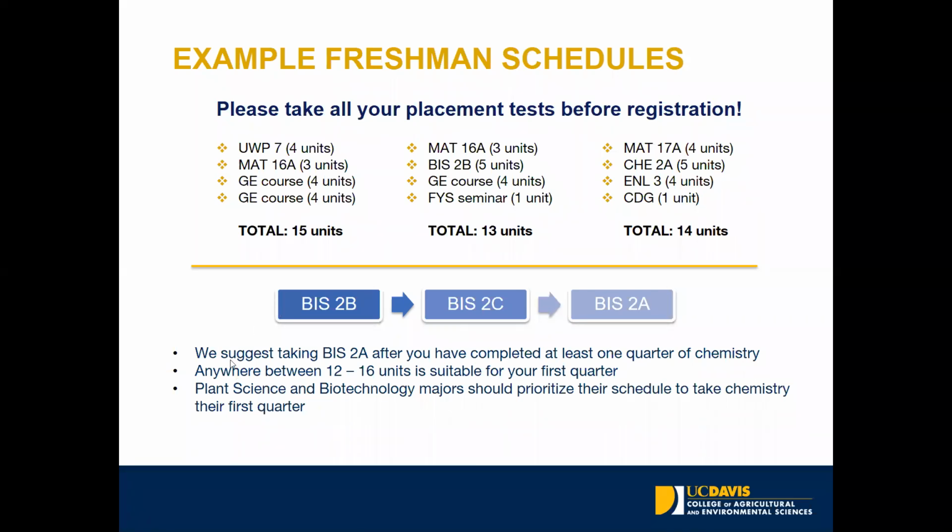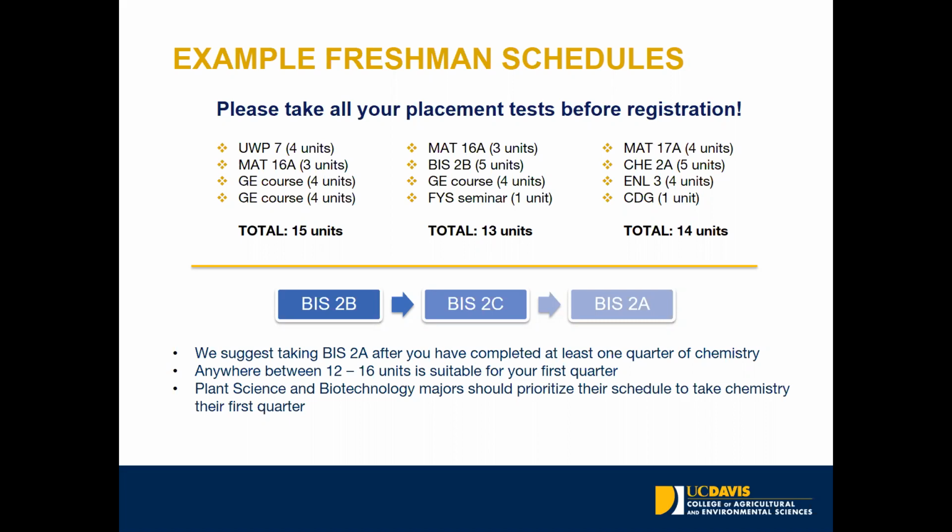Moving on to the Biz series. I know this is counterintuitive and kind of odd, but instead of taking your general biology series, Biz 2A to 2C, you're actually going to take it in the order shown on the screen. Biz 2B is what they recommend that you take first.